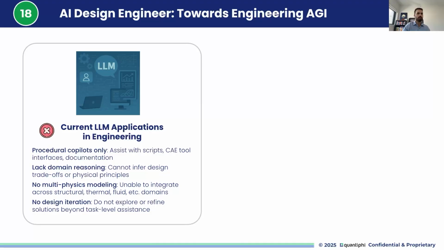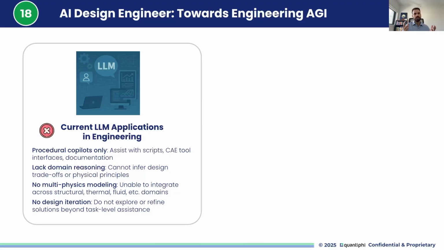What's lacking is domain reasoning, meaning the LLM's reasoning is not involved in design trade-offs or understanding and implementing physical principles. At the same time, we often don't see complex modeling like multi-physics, multi-scale modeling, and, let's say, structural, thermal, and fluid simulations are not available in these implementations.